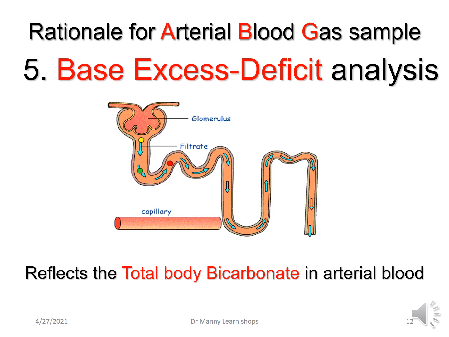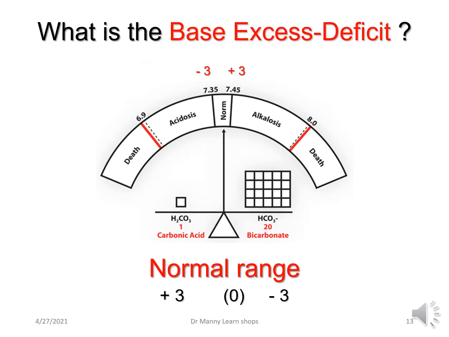And as we said previously, the base excess or deficit reflects all the bicarbonate in arterial blood. Because bicarbonate can be in the plasma, it can be in different systems, it can just be in your blood, as we mentioned previously, the bicarbonate reserve. It reflects all the bicarbonate in the body.